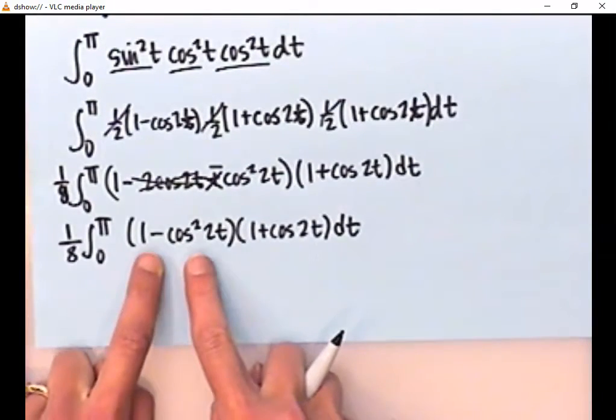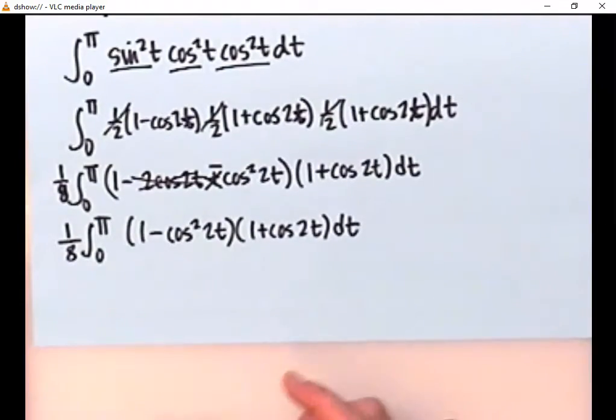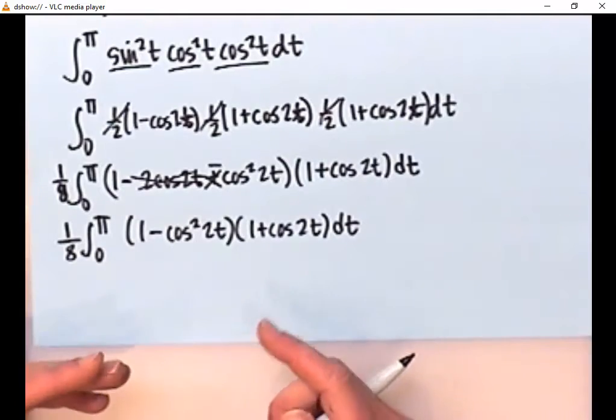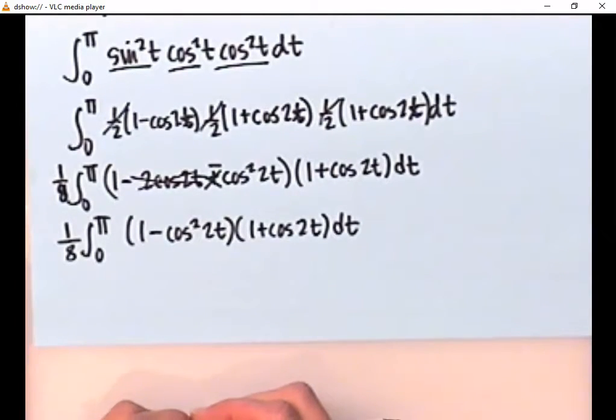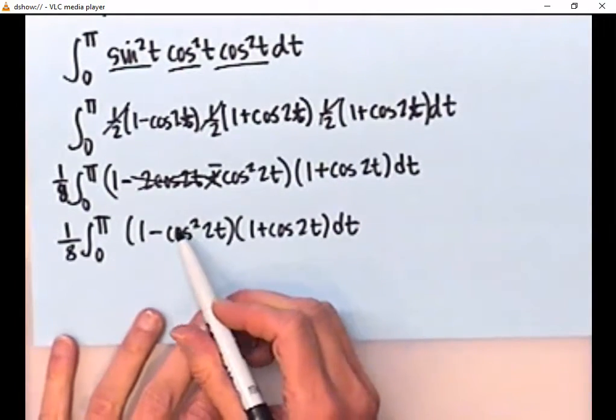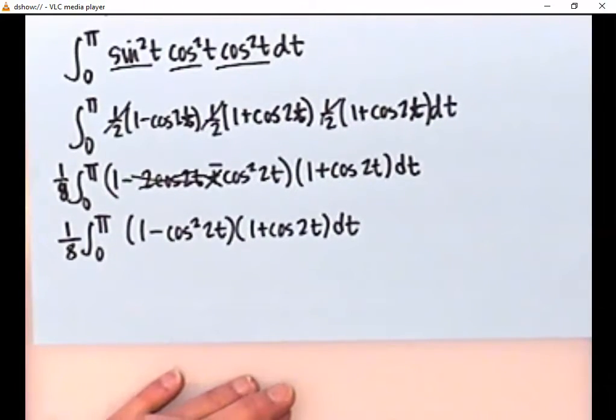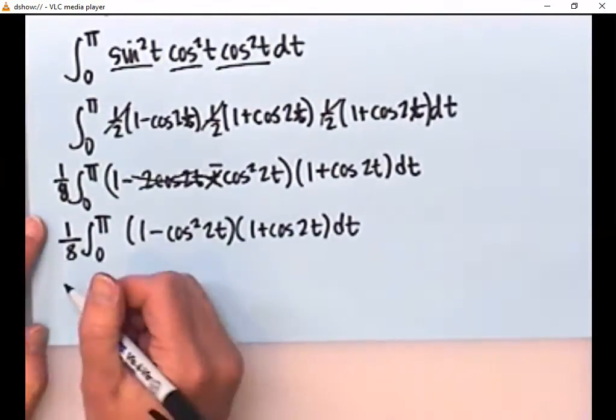I mean, there is an identity here. 1 minus cosine squared of 2t could be sine squared of 2t. But I'm not sure that will help me, because I would still have to distribute. Yeah, and you can get there. Maybe let's do it. Why not?